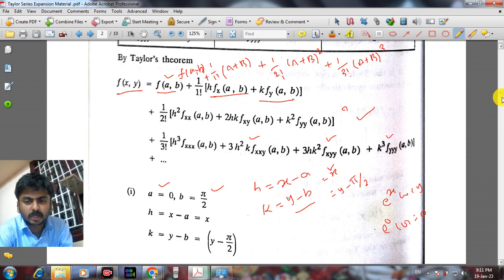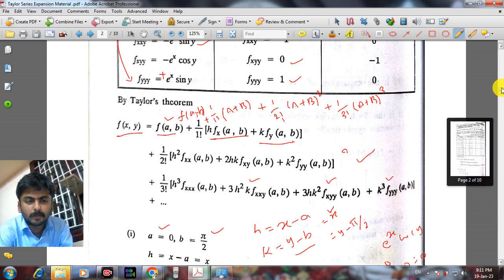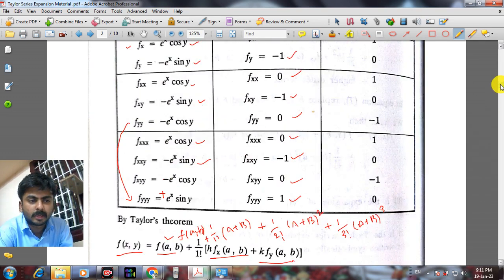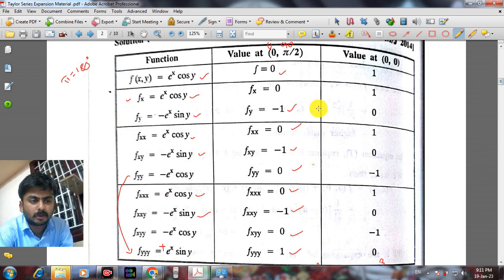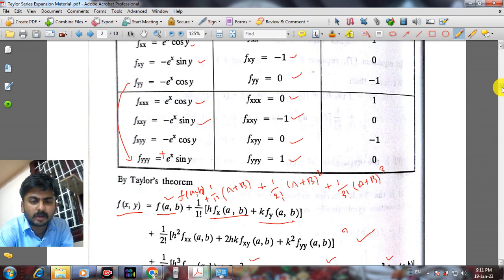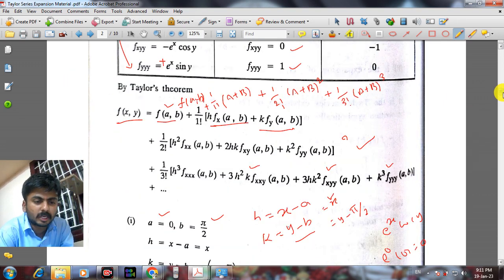That is what we have found in the table: f of x comma y at the point is f of a comma b. Now you want to substitute all the values in the formula.